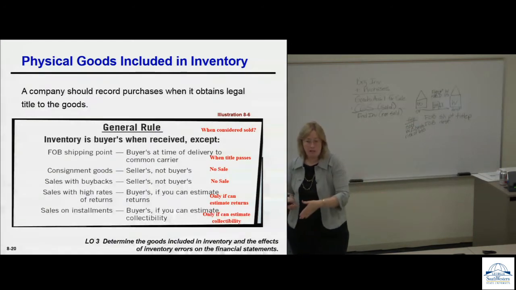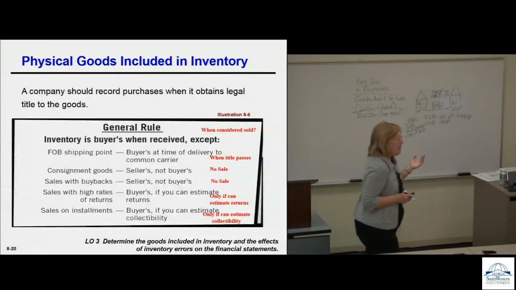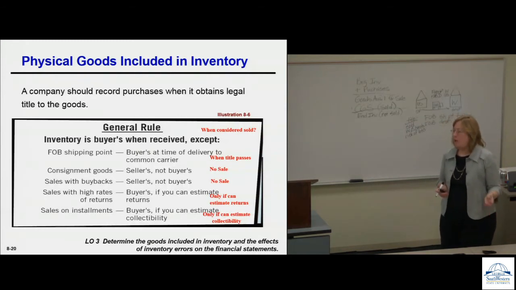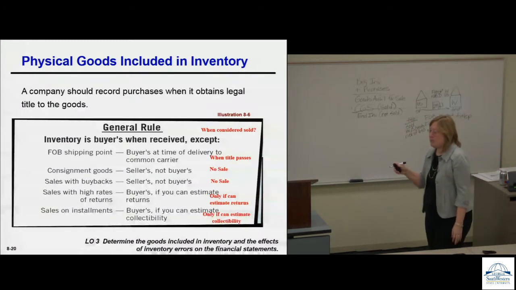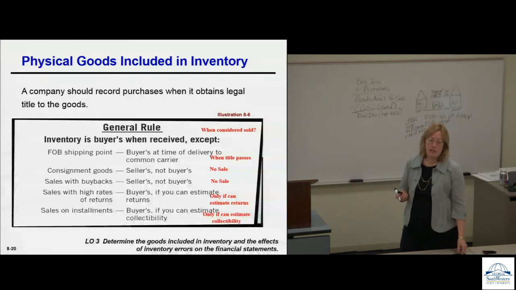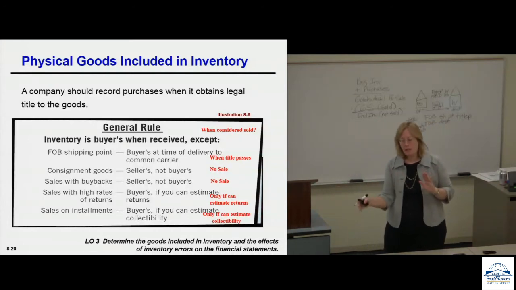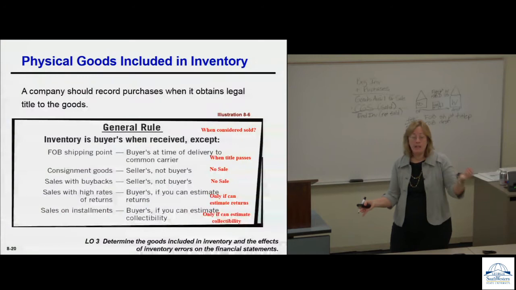That's the question, right? We're looking at it from Wiley's perspective. Do they consider those books sold? Only if they can estimate the returns. And what would be the case there? If they've done this year after year and they know, well, about 20% of these are coming back, they can go ahead and count the sale and count the returns so that it will net out. Okay?